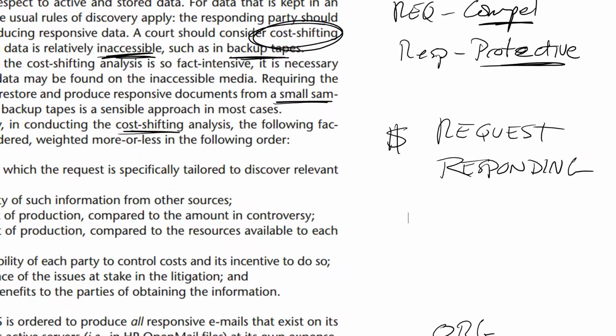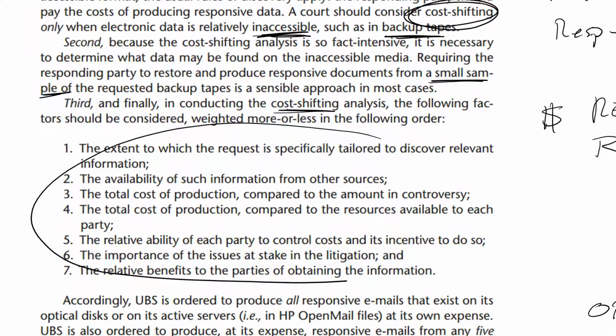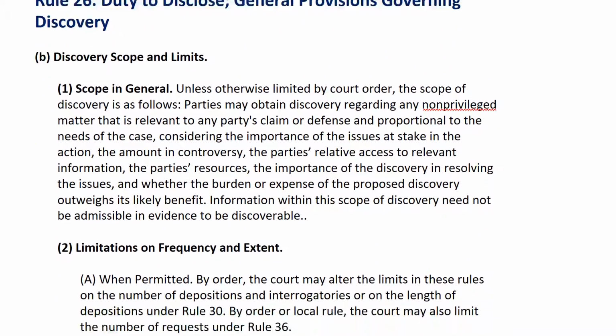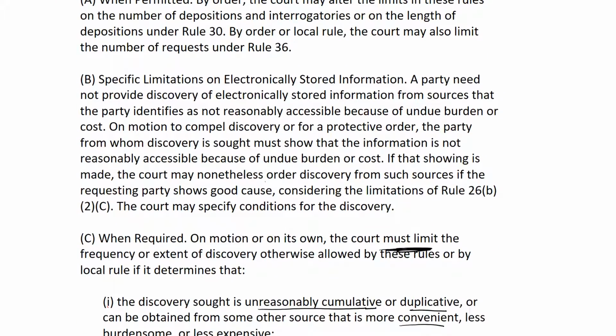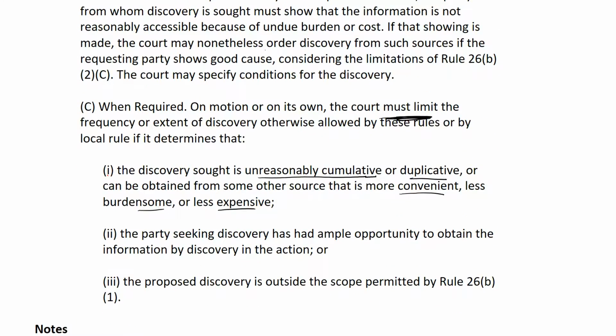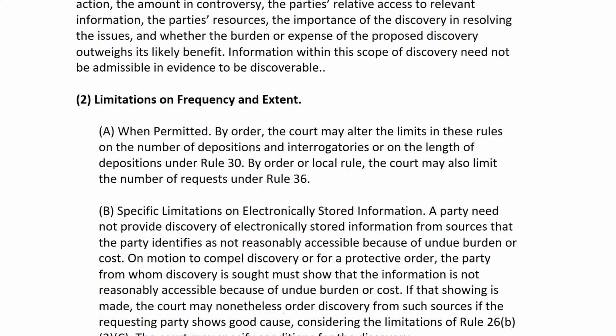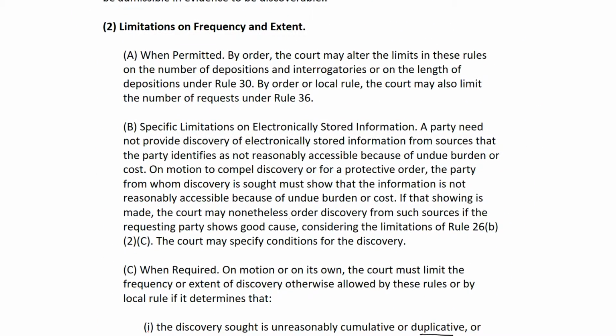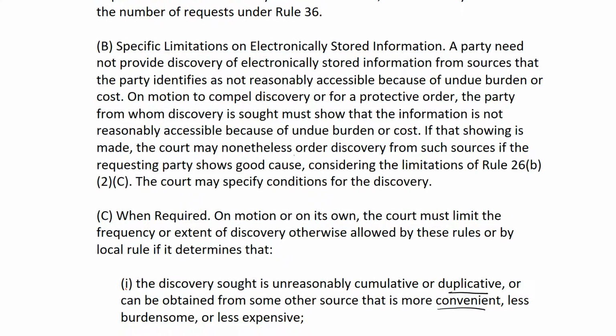So, under the case law, factors like these were used to determine how and when to cost shift. And Rule 26 was rewritten after that to kind of codify a lot of these ideas. So under Rule 26(b)(2)(B), it codifies a lot of these ideas.